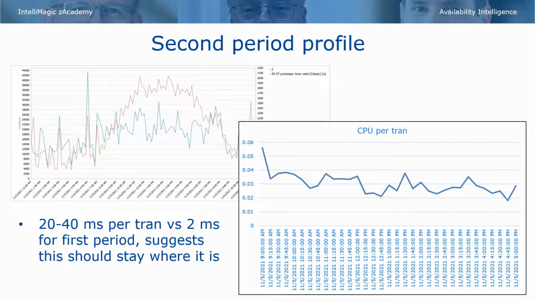If I divide those out, I get my CPU per tran in the right chart. Now remember, our first period CPU per tran was around 2 milliseconds. This second period CPU per tran is like 10 times that and then some. It's between 20 and 40 milliseconds. Very, very different profile here.